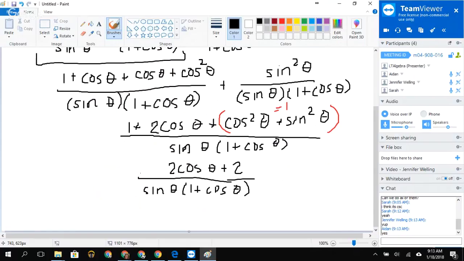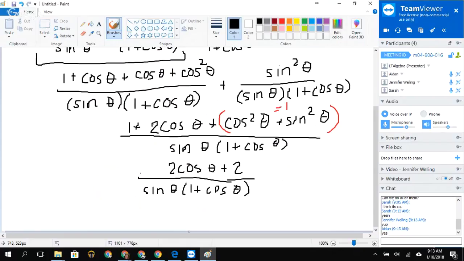All right, so I have this pesky little 1 plus cosine theta in the denominator, right? And I also have 2 cosine theta plus 2 in the numerator.